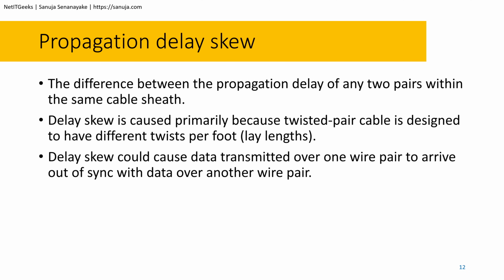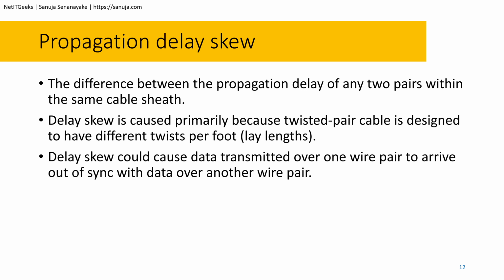Then we have the propagation delay skew, which is related to the previous slide, the propagation delay. Propagation delay skew is basically the difference between the propagation delay of any two pairs within the same cable sheath.